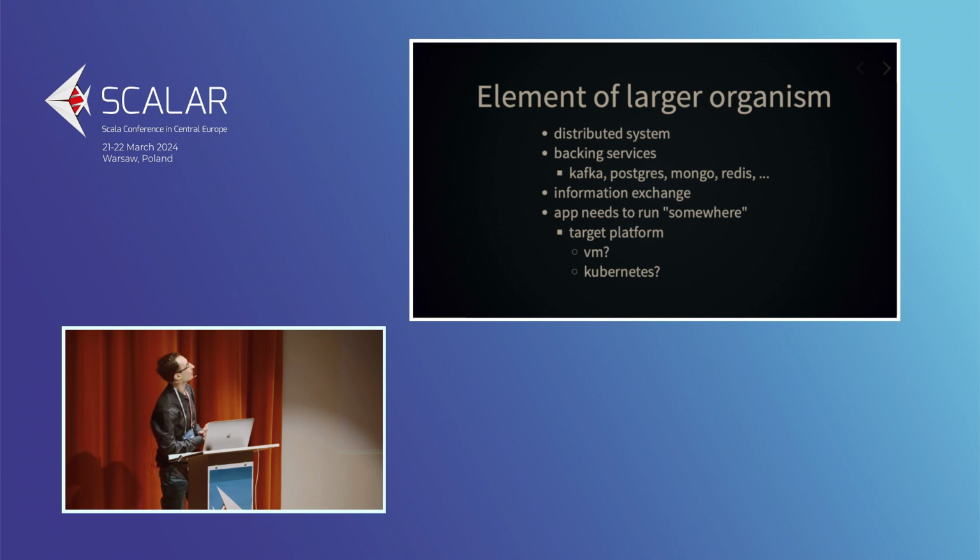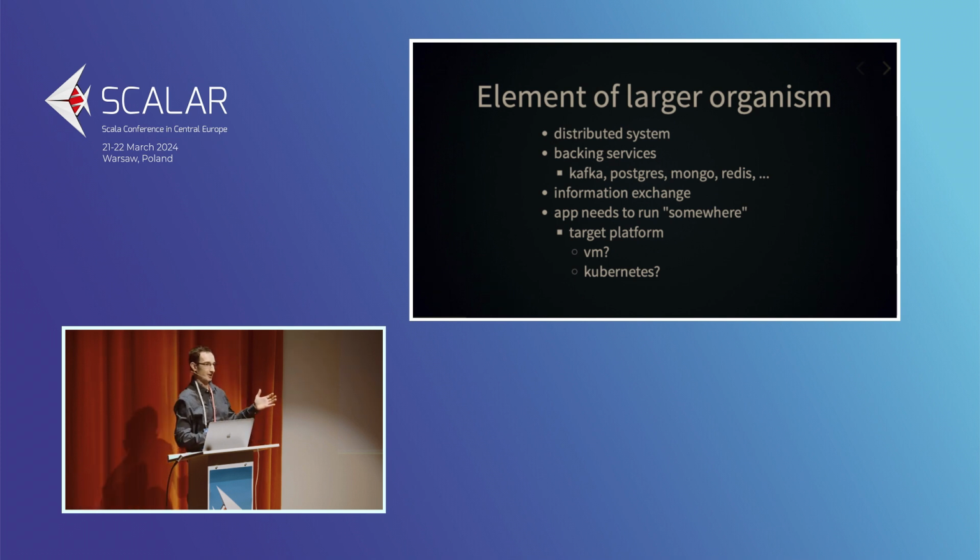We also need to remember that the software we create is just an element of something larger. Usually nowadays we have distributed systems, so we have a bunch of different apps and services, running in multiple instances across geographical zones and so on.